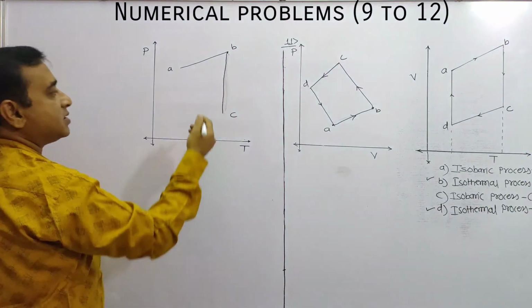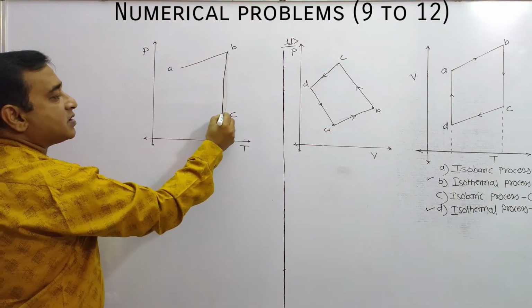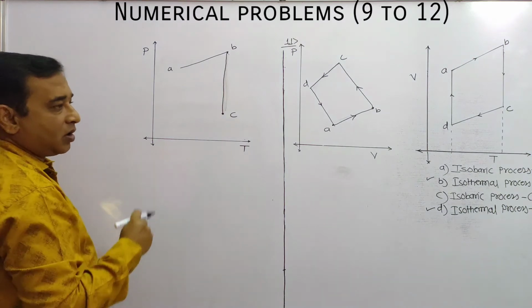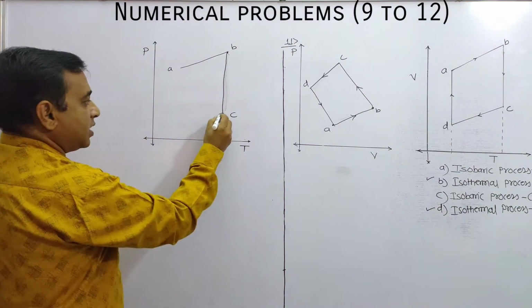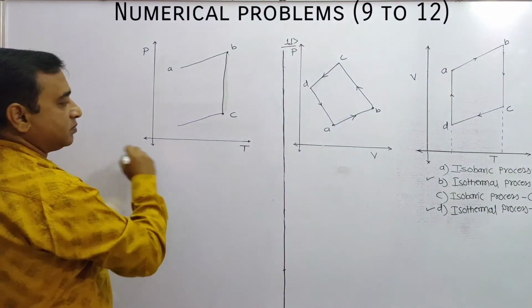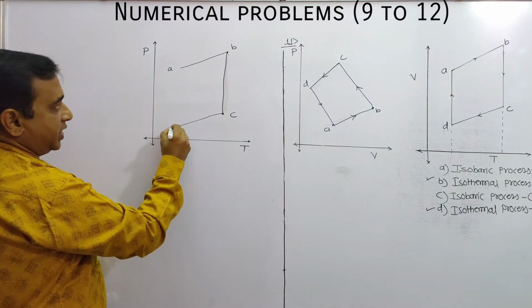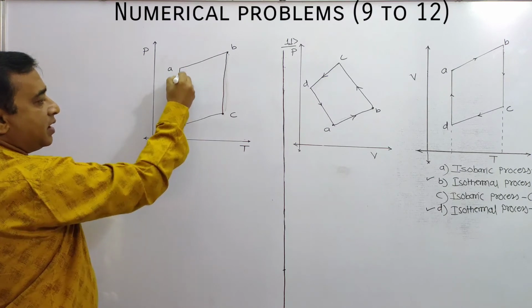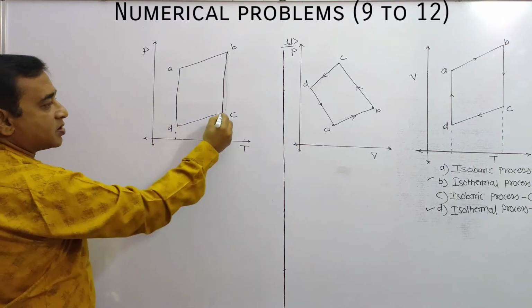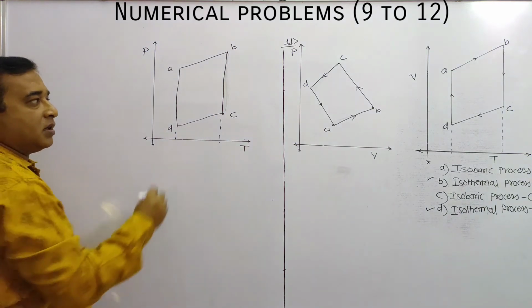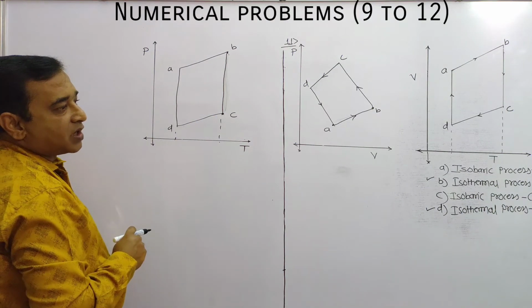So this is C. Then there is a fall in the temperature from C to D, and again D to A has constant temperature. This is your next graphical representation.